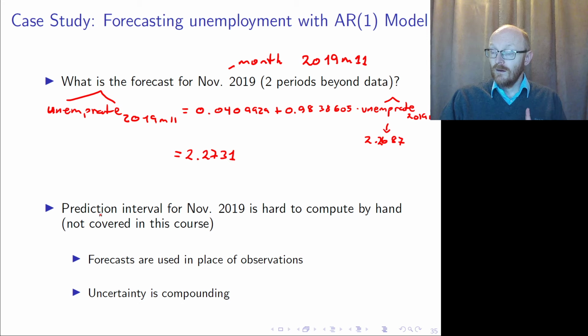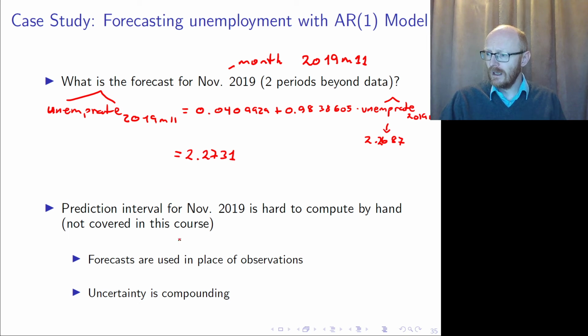Something really important is the prediction interval, because the first prediction interval is quite easy to calculate. We just use the standard deviation of the residuals from the model.